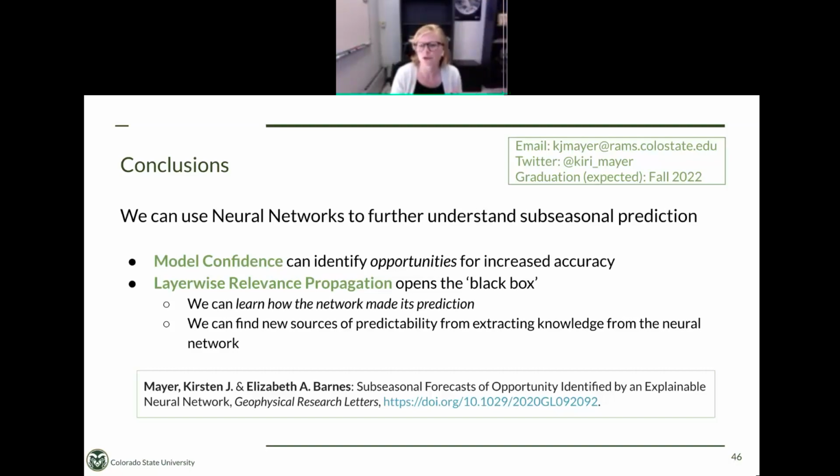We want to see what the neural network was looking at to get an accurate prediction over the North Atlantic. So we're not filtering specifically for, for example, the MJO, but the neural network has identified some MJO-like structure, which we know as domain scientists is important for the prediction over the North Atlantic.